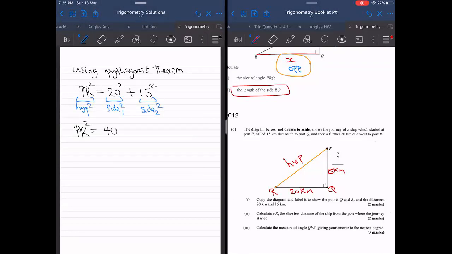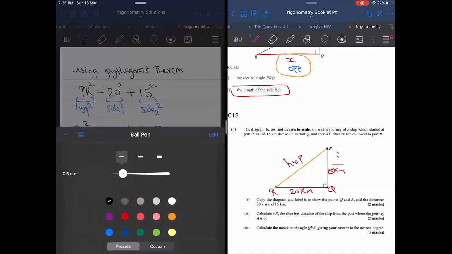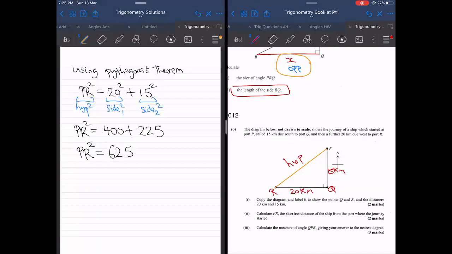is equal to 400 plus 225, which means that PR squared is equal to 625. And for those who don't know, somebody said question mark. What's a question mark for?